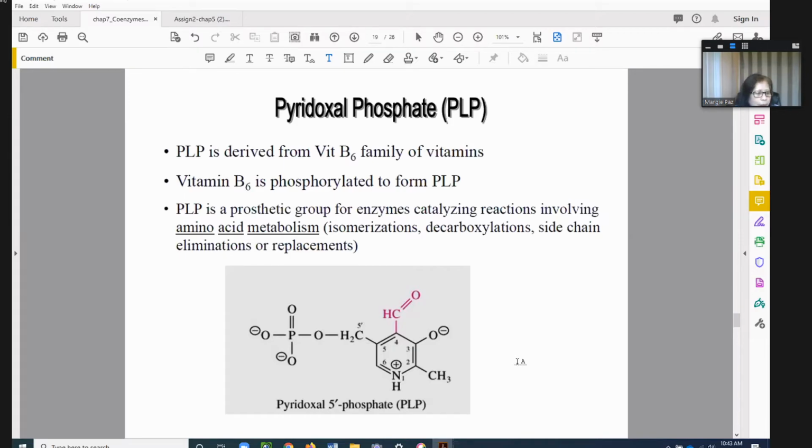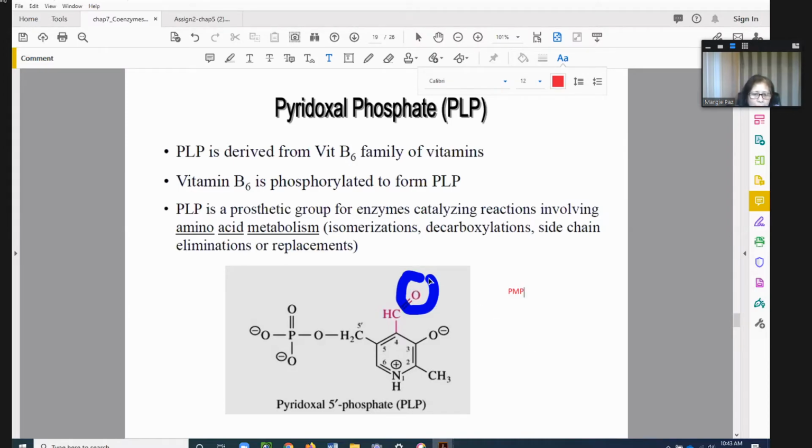So picture here that the amino group is accommodated here. Instead of oxygen there, an amino group is accommodated there. When there is an amino group here, PLP is converted to PMP, or pyridoxamine 5' phosphate.